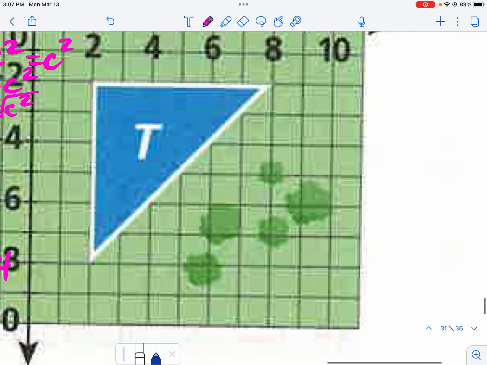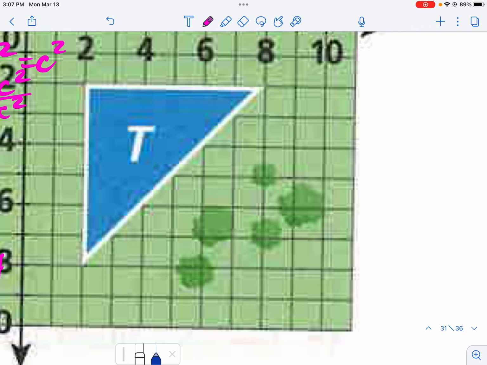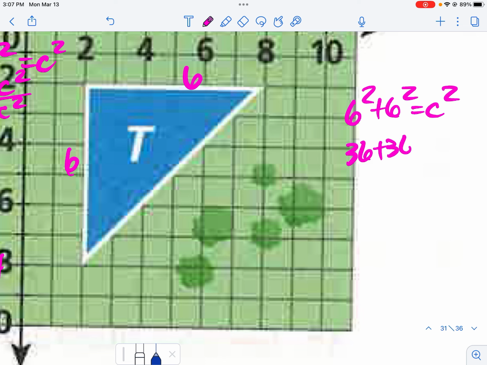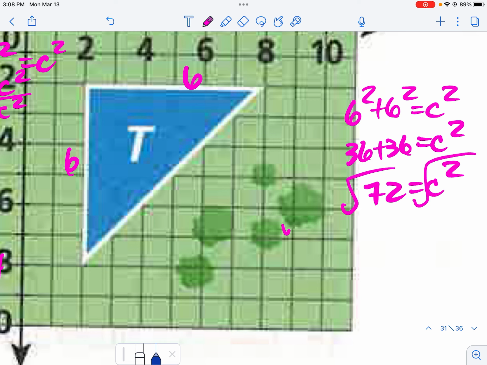And last but certainly not least, this is 6 long and this is 6 long. So 6 squared plus 6 squared equals c squared. So 36 plus 36 equals c squared. So 72 is equal to c squared. I take the square root of both sides. That's between 64 and 81.